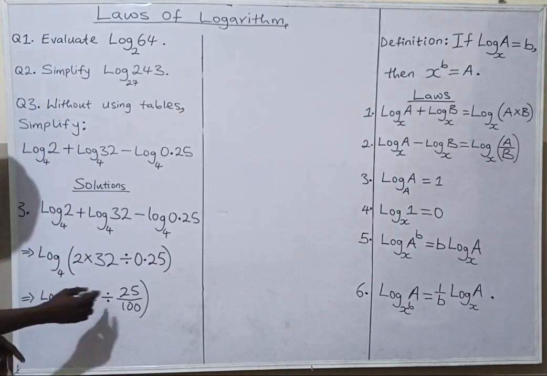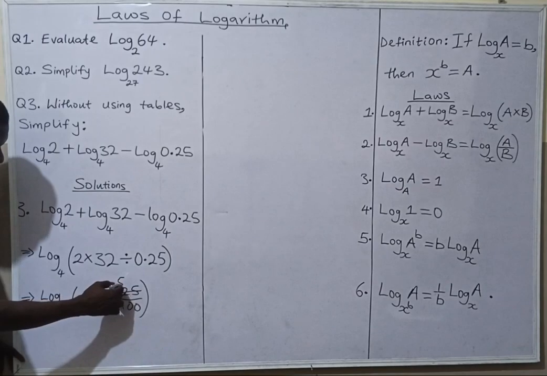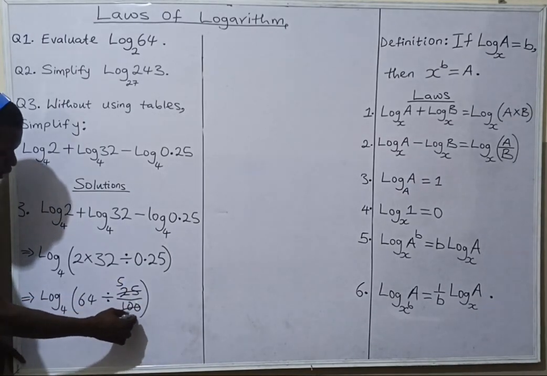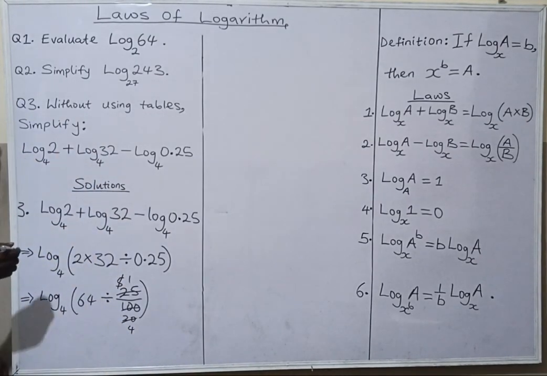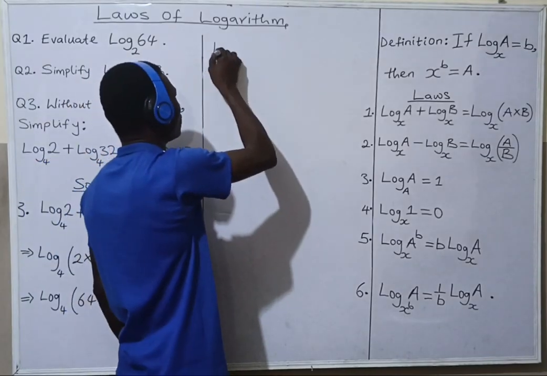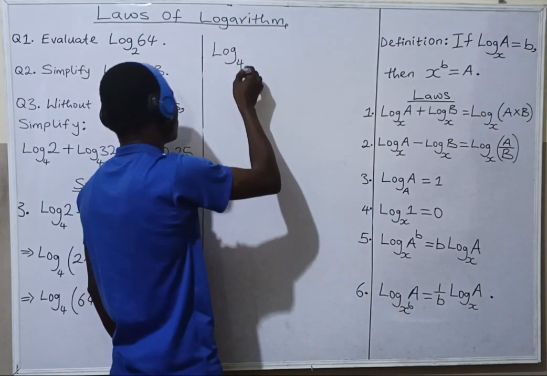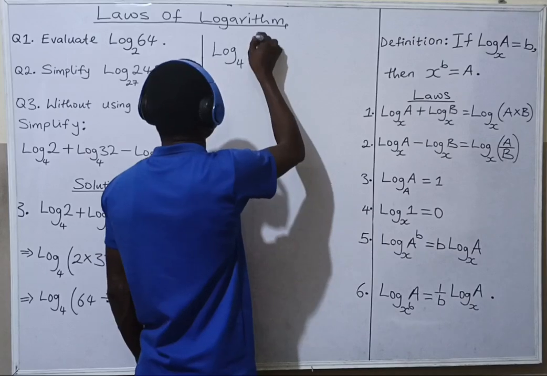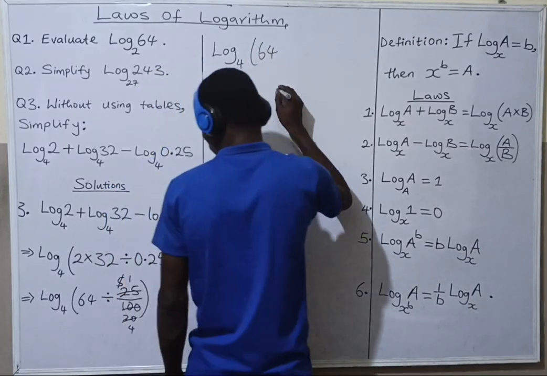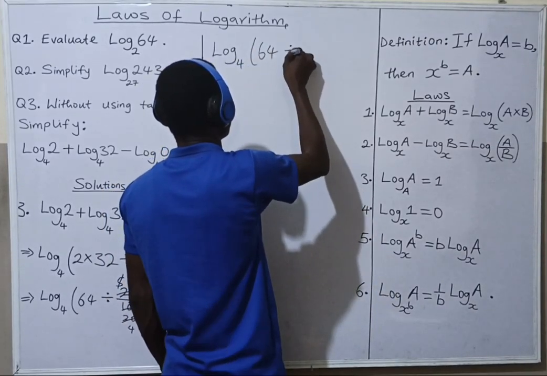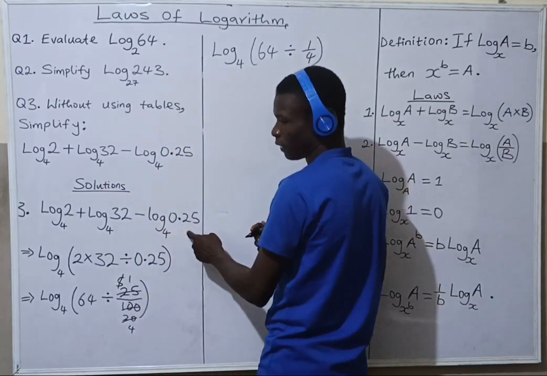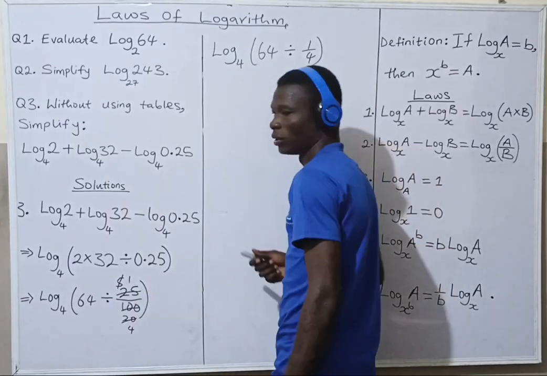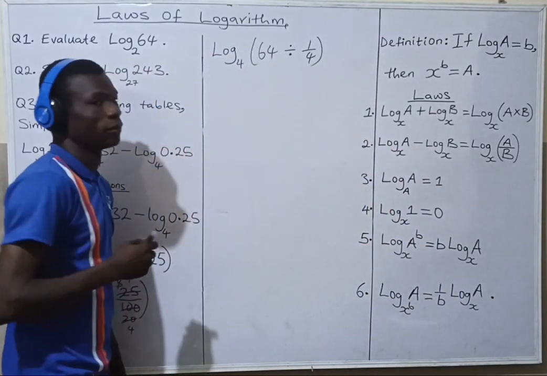And when reduced to the lowest terms, 5 in 100 is 20, 5 in 25 is 5, 5 in 5 is 1, and 5 in 20 is going to be 4. Okay, so proceed to the other side of the board. It means that we are having log to base 4 of 64 divided by 1 over 4, having simplified 0.25 as an exact fraction and reduced to the lowest terms. So we're having it as 1 over 4.